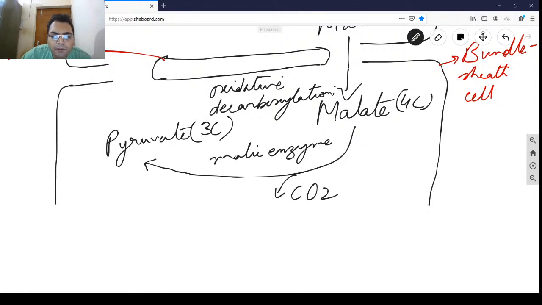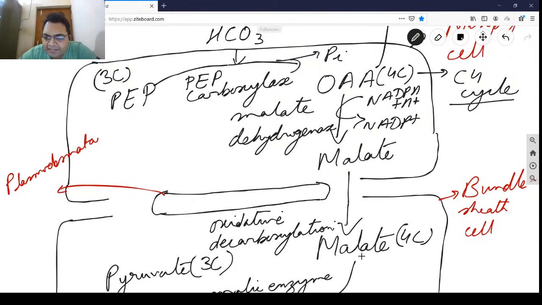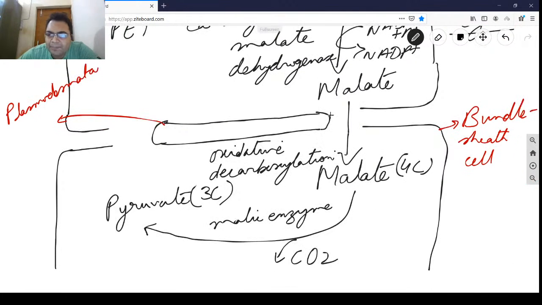This is what I told you is an oxidative process. Oxidative means some reduction must happen. So NAD plus, which has come here from the mesophyll cell, came in from the mesophyll to the bundle sheath cell.